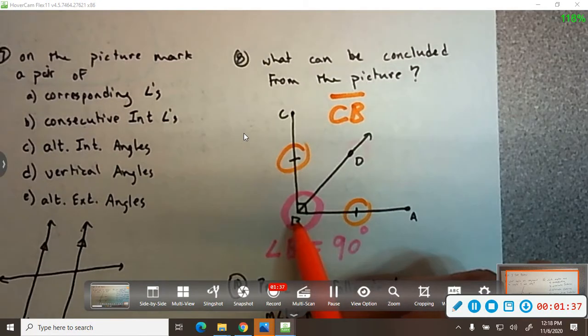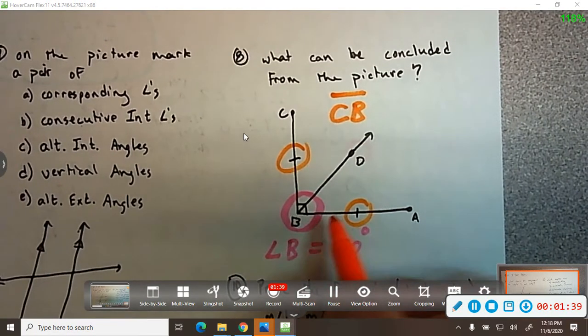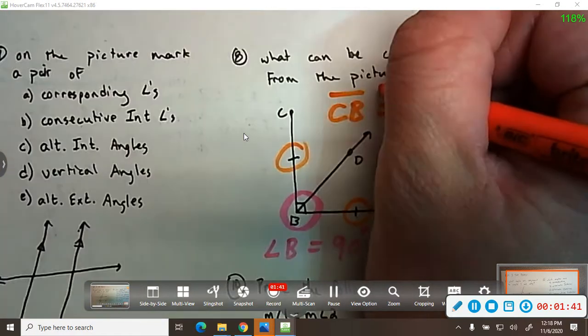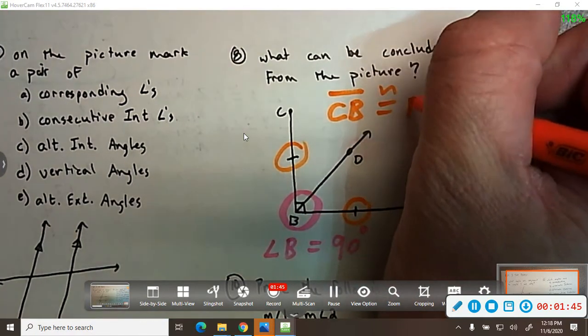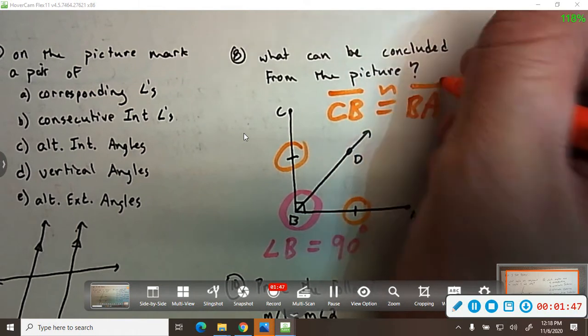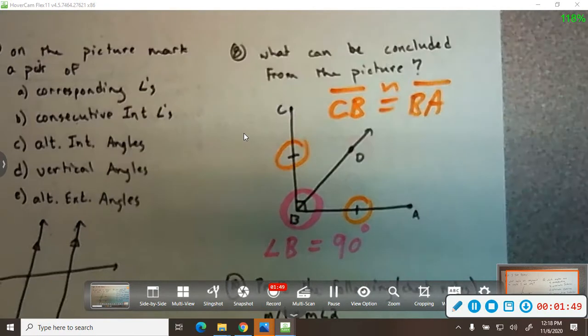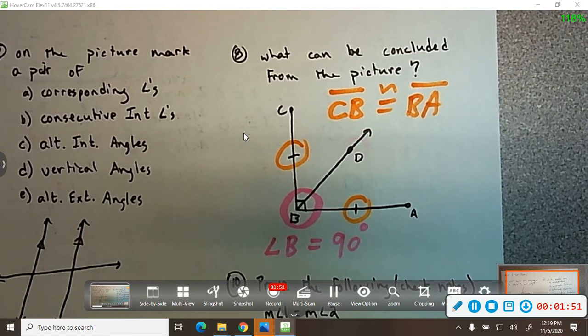So CB is congruent to BA, or you can put AB, same thing. So that's mathematical notation, or I could say the segment CB is equal to the segment BA, or I should say congruent.